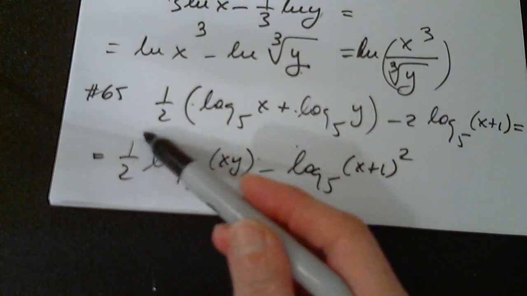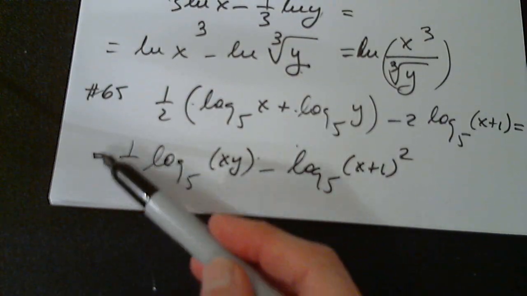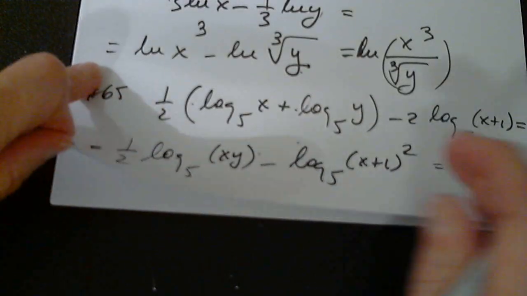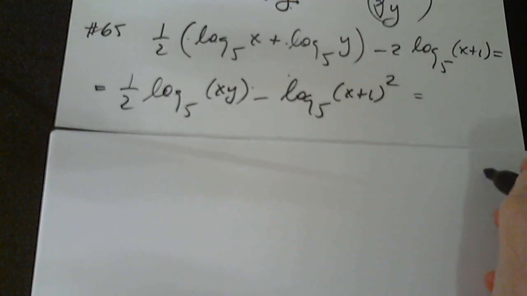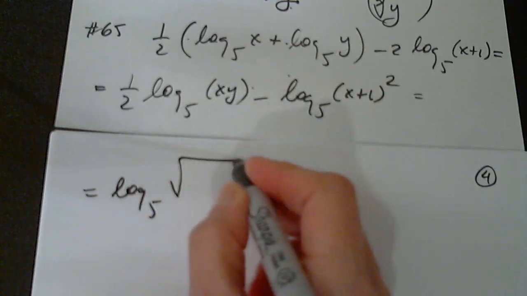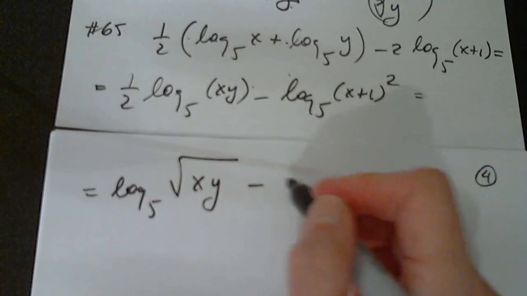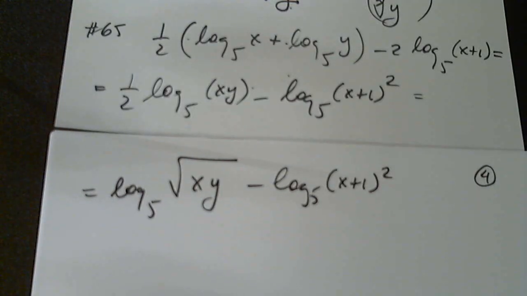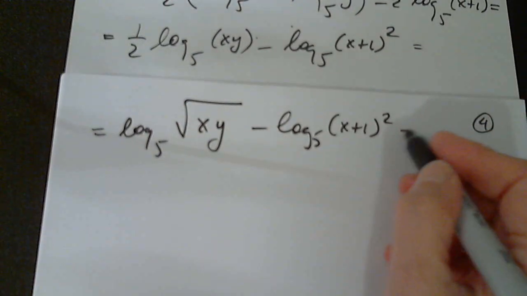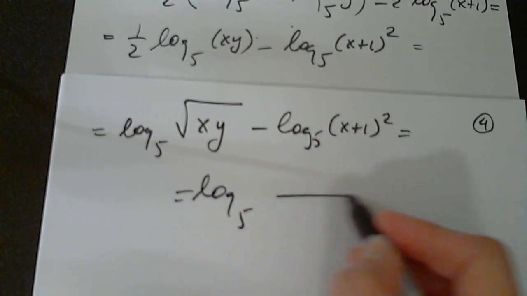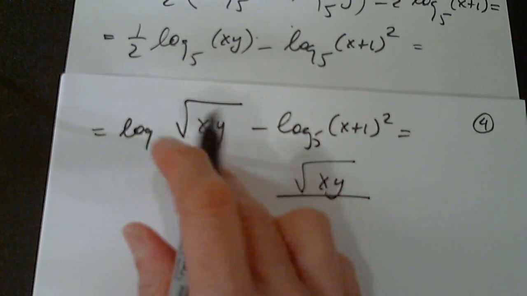Good. Now I have to take care of 1/2. But power 1/2 means the square root. No problem. So log base 5 of the square root of xy minus log base 5 of x plus 1 squared. Finally, it's a difference. So this is log base 5 of the square root of xy at the top.